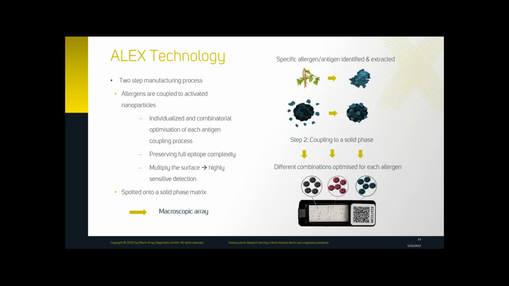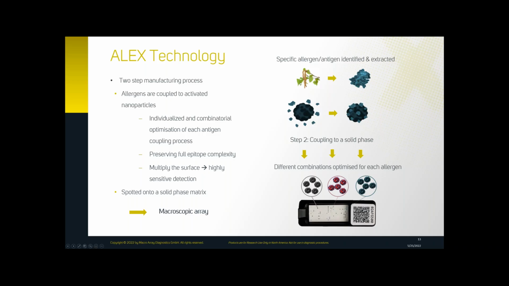So what is the ALEX technology? The core technology is based on a two-phase manufacturing process. While usual or other multi-parameter ELISA assays use identical settings for the immobilization of all antigens, we are able to adjust these conditions for each allergen individually until the optimal result is obtained.